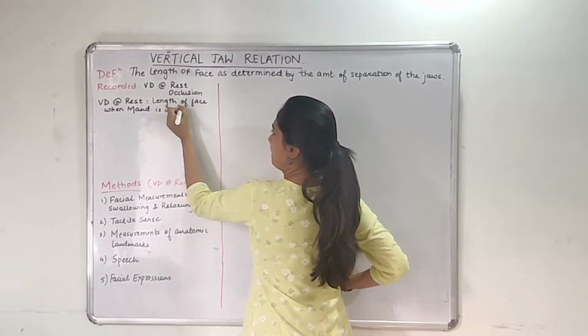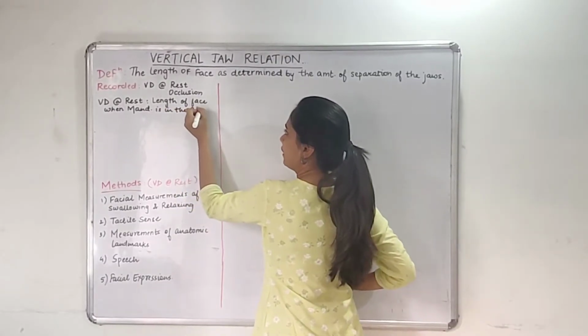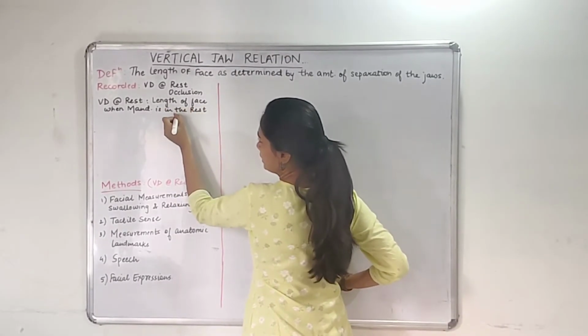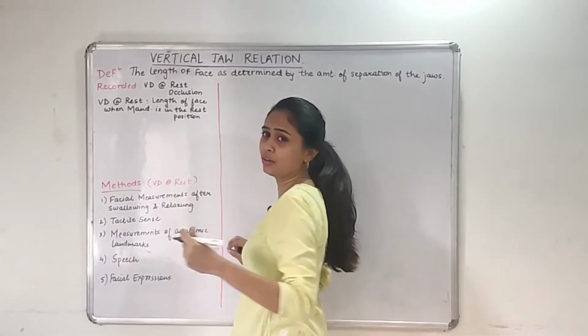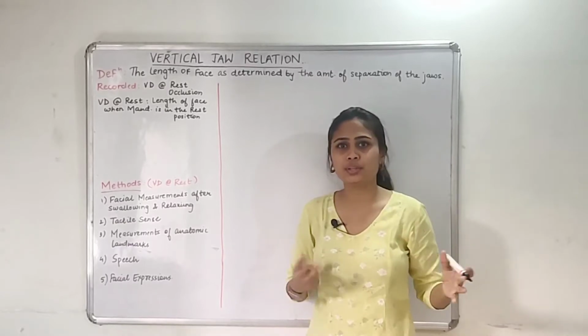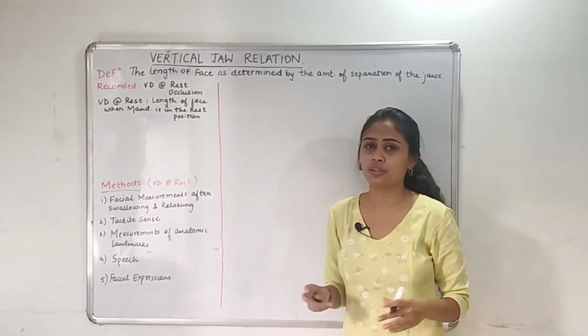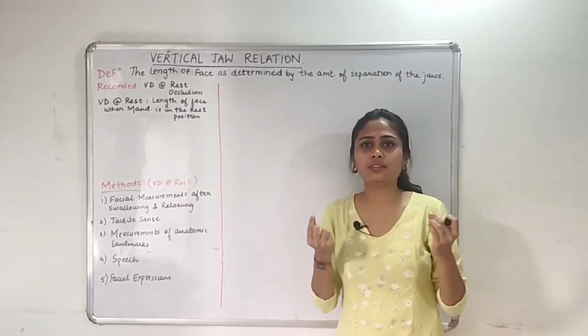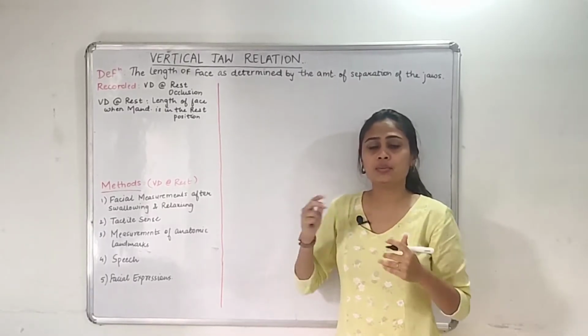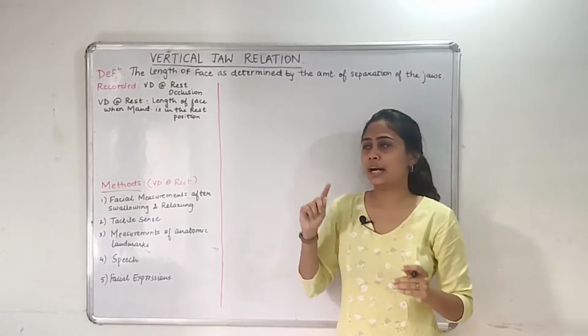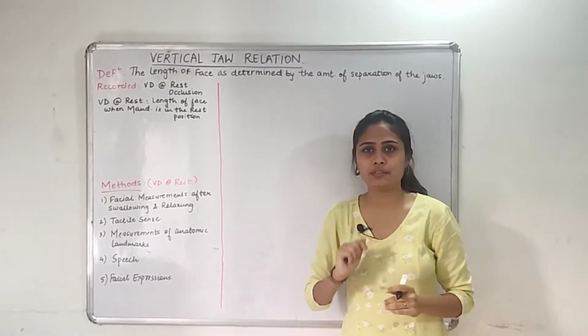Okay. So why do we have to study this, and what is a rest position? When you are just sitting idly or daydreaming or doing nothing in particular, there is a very minimum space, approximately 2 to 3 mm, between the upper and the lower teeth, and this space is known as the freeway space.